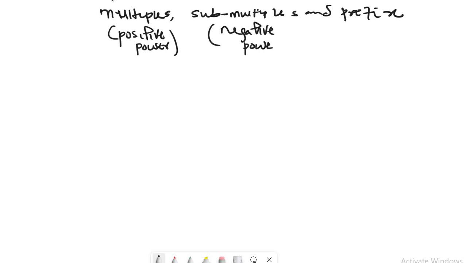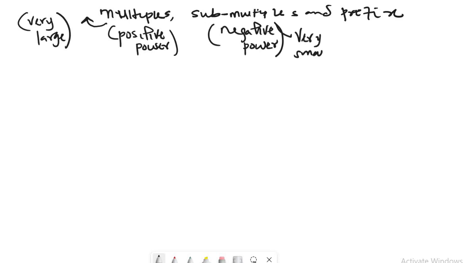Now, how and when do we use them? Generally in physics, when we have a very large number, we take it to standard form using a multiple. And when we have a very small number, we use a submultiple.